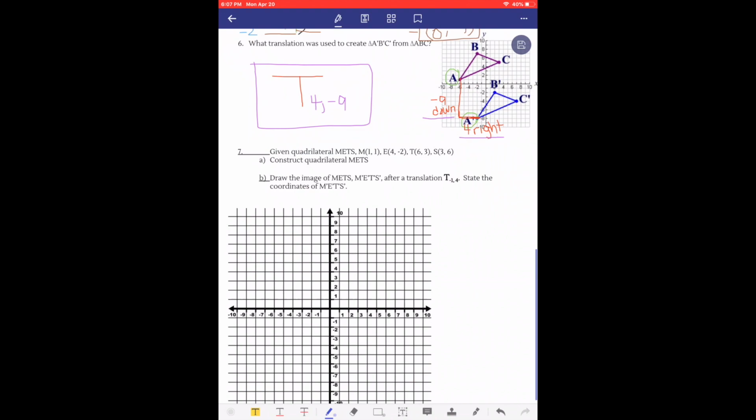Okay, so I'm going to start by graphing the original, which was M1, 1, E4, -2, T6, 3, and S3, 6. So M was 1, 1. I'm also going to label that M. E was 4, -2.